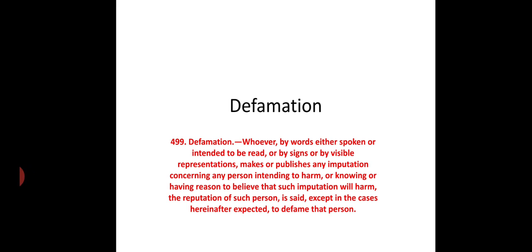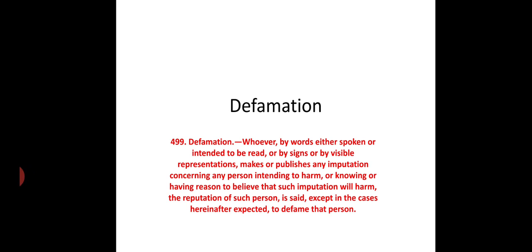It is not necessary that actual harm should result. The test to determine whether any statement is defamatory or not is whether, under the circumstances in which it is published, a person of reasonable prudence to whom the publication was made would be likely to understand it in a libelous sense.